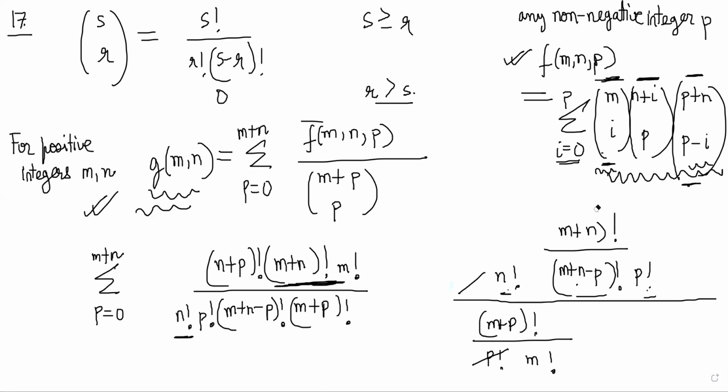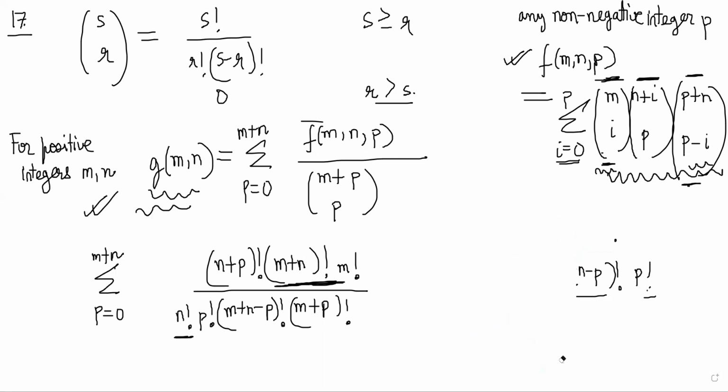If I take it out, I will be left with these things, right? n plus P, P. I need an n in the denominator to make it n plus P C P. Okay, let me just try it.